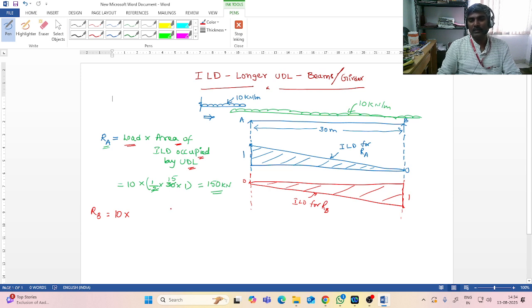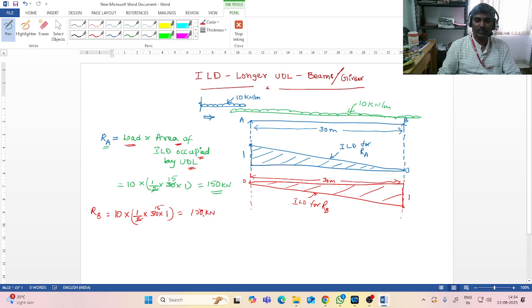Area of what? Area of the ILD. The influence line diagram area is again half into base into height. Base is again the same 30 meters. So the same span of the beam itself is the span of the ILD, right? So this will be 150 again.